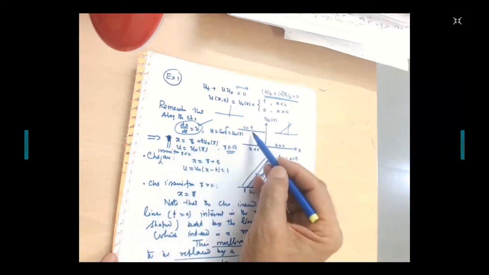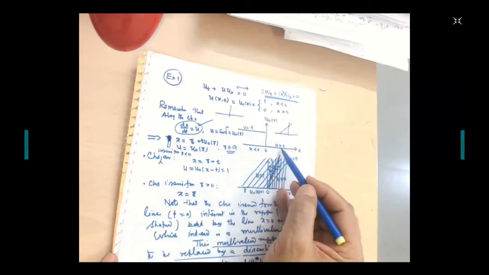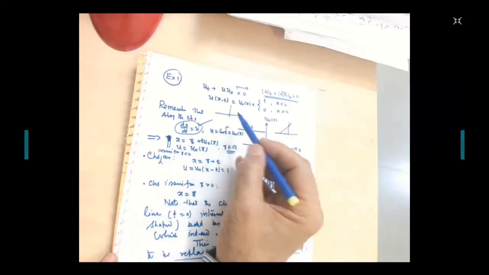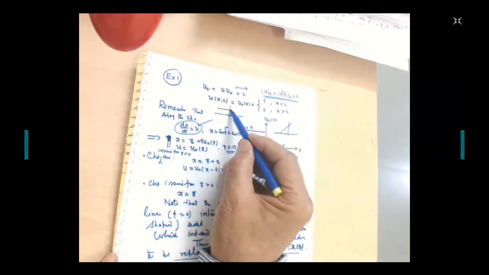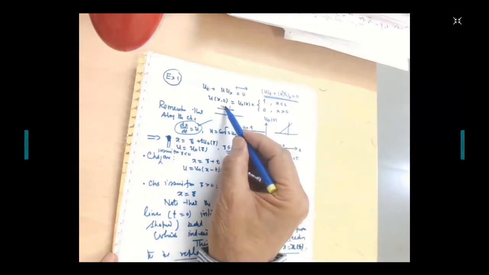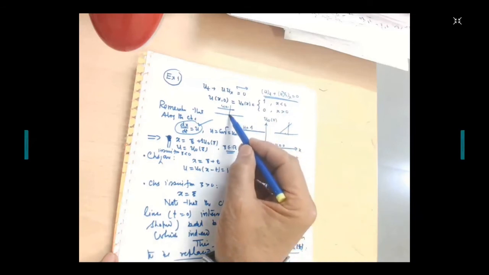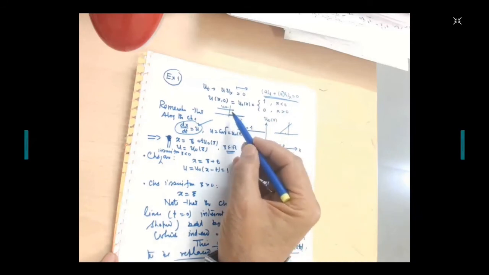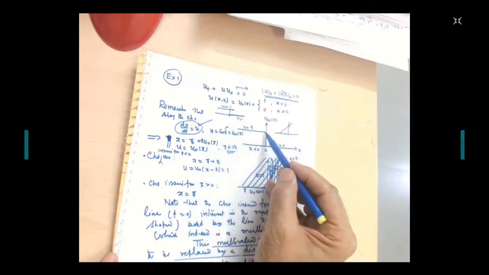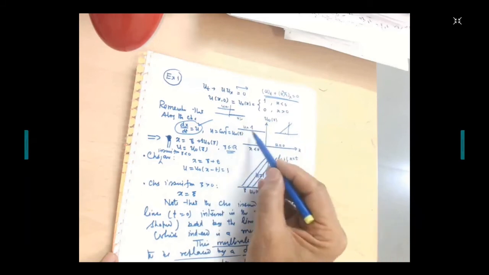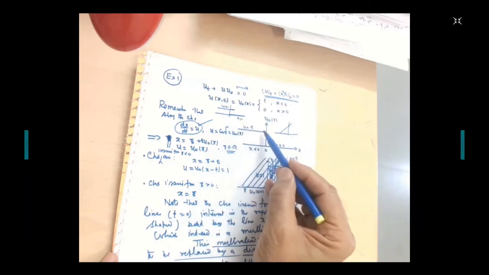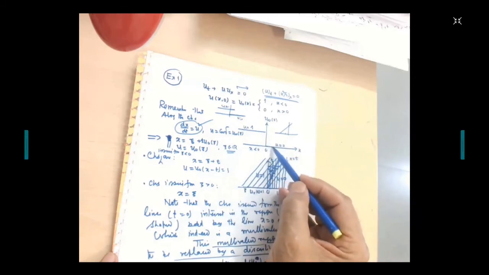So these points will propagate faster as compared to these points. At a later time, this is your u equal to 1, it will propagate further right. So what will happen? Some part of this taller wave will overtake some part of the other.